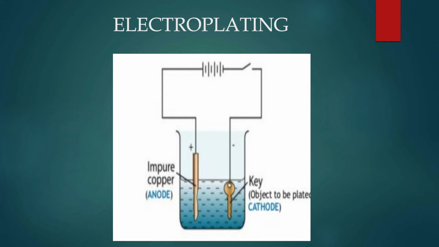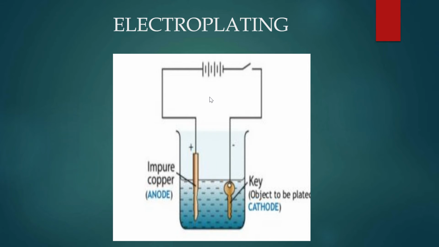Now we are going to suspend an iron key and a copper plate or an impure copper rod also can be used. Both are suspended with the help of connecting wires. The impure copper rod is connected to the positive terminal of the battery, and the iron object, here we have taken key, is to be connected to the negative terminal of the battery through a switch.